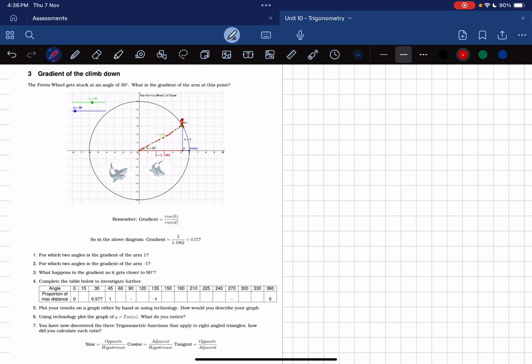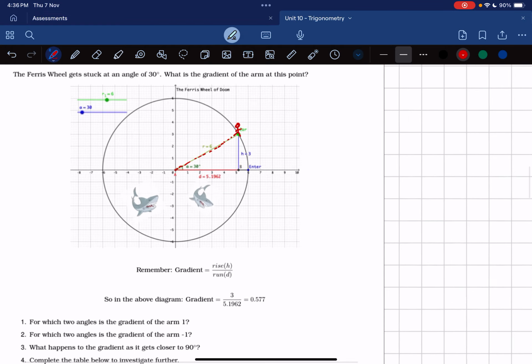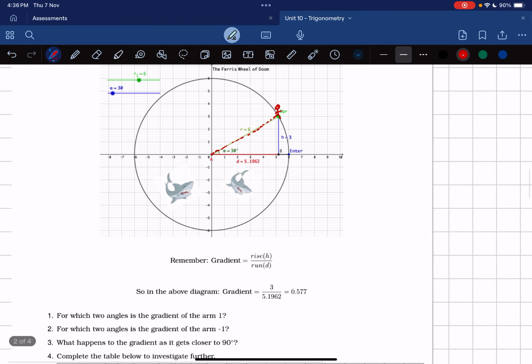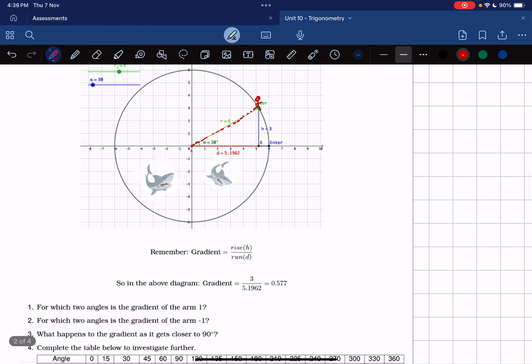Okay, so taking a look at our Ferris Wheel of Doom, answering questions 1 through 3 first. At which two angles is the gradient of the arm 1? Now, we have kind of taken a look at this before because we asked at what two angles do we have the same horizontal distance and vertical height, right?